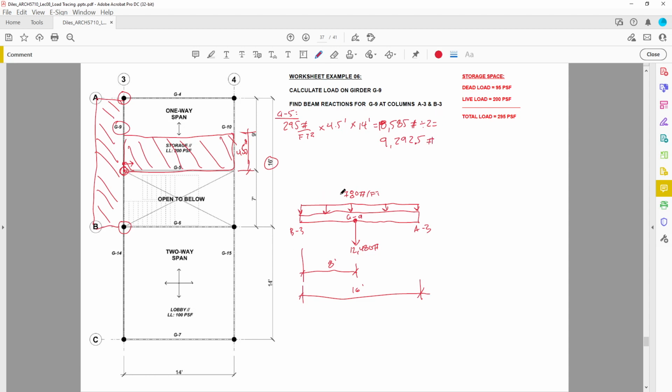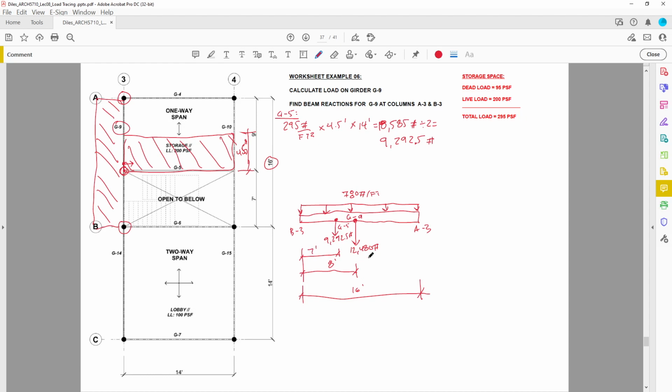So that is what G5 is going to be. So we can put that as a point load here, 9,292.5 pounds. And this is G5. That's the load contribution of G5. And what is the distance of G5 from B3? That is 7 feet.